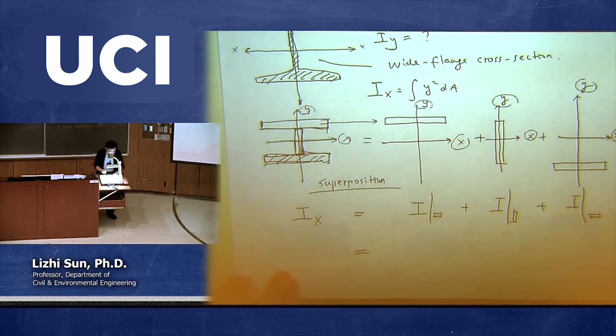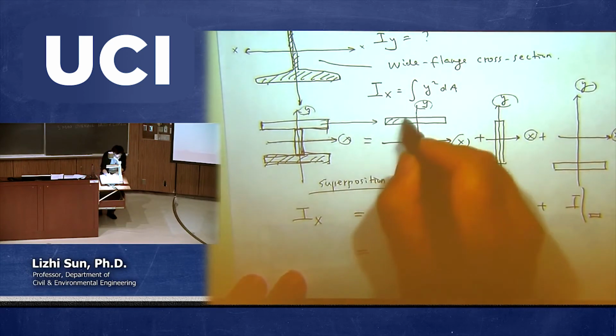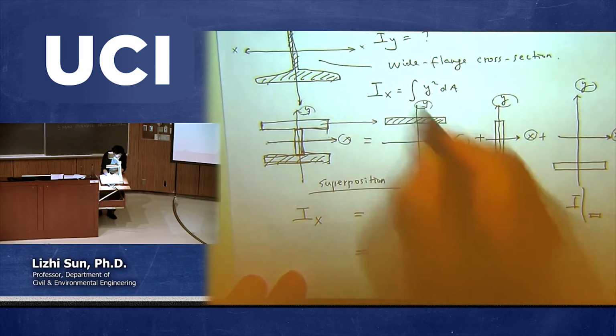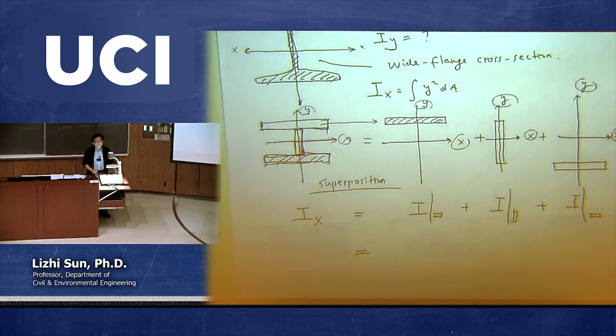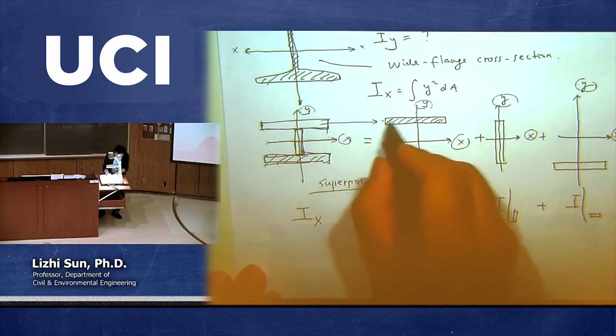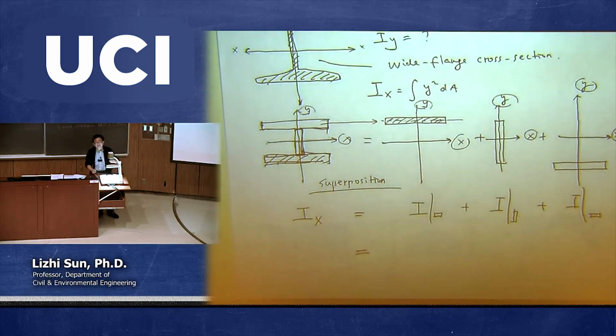So first of all, what is the moment of inertia of this one with respect to this xy? Well, nobody knows. Because if you go back and look at the chart, it didn't give us this one. The chart gave us the moment of inertia with respect to the axis passing through the centroid. But we have another tool which is called the parallel axis theorem.